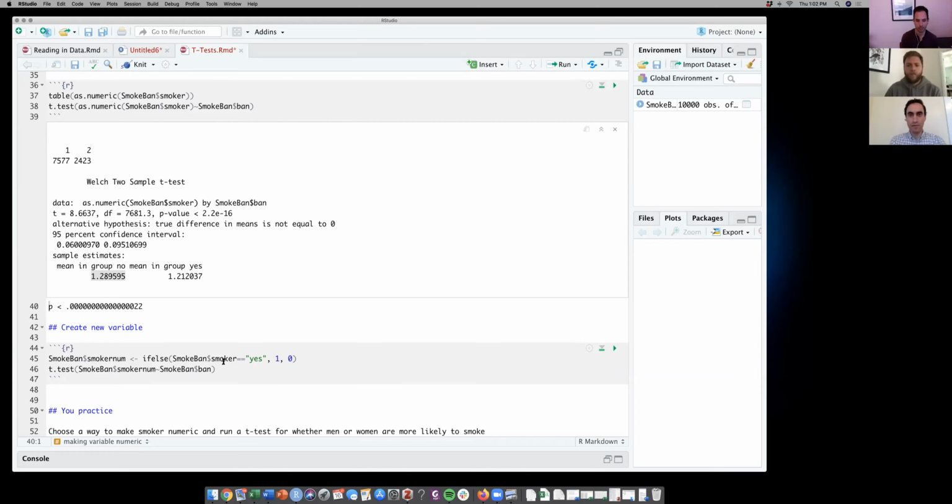Mm-hmm. If you don't smoke, then you get counted as a 1, and if you do smoke, you get counted as a 2.